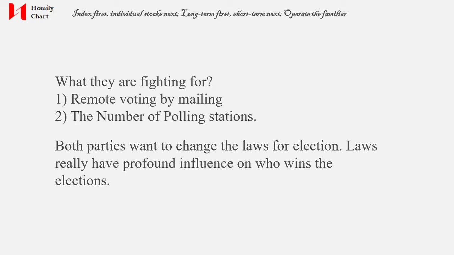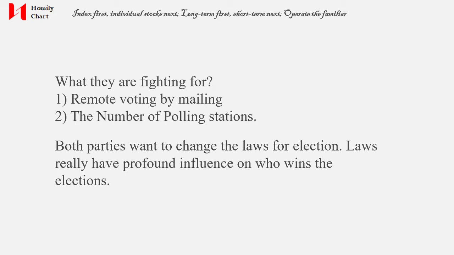He argues that mailing is not reliable, but the Democrats are in favor of mailing because it will lower the threshold for people to vote, especially when we are still in the COVID-19 period. If people can vote by mail, more and more people would be able to vote.